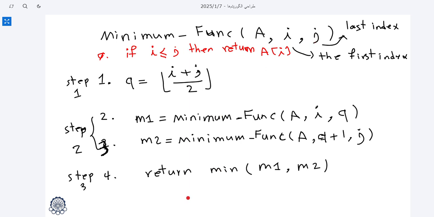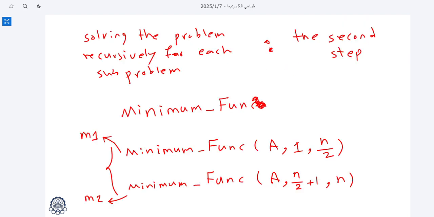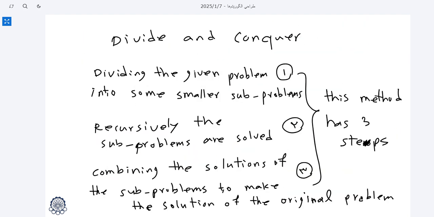Okay, now I explain again. In the divide and conquer approach, we have 3 steps for any problem. Suppose we are going to solve any problem. Given any problem, we can design an algorithm for solving that problem.